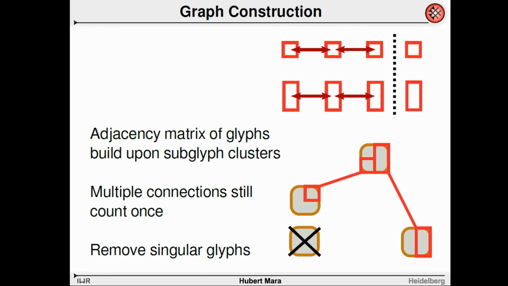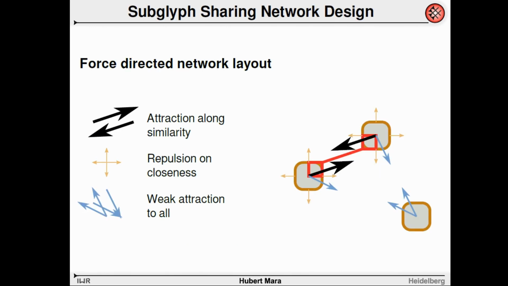We sort out every glyph which is a standalone, because there we can't discuss anything later. But if we have some portrait subglyphs, some small squared ones, we can start connecting glyphs by the subglyphs themselves. And we only count connections once, because otherwise we get too much tension in the network afterwards.